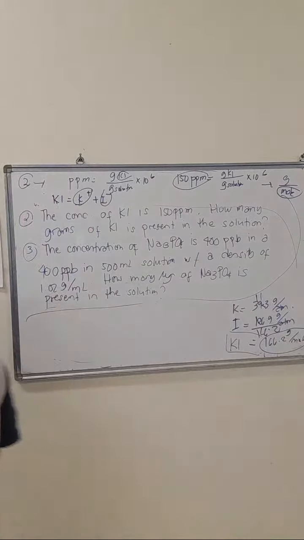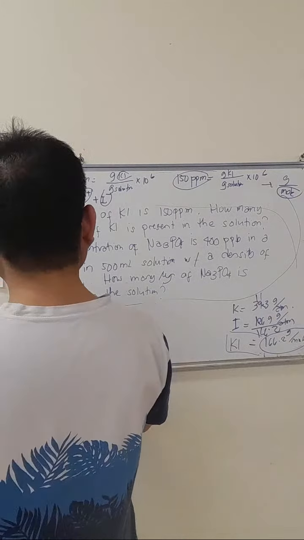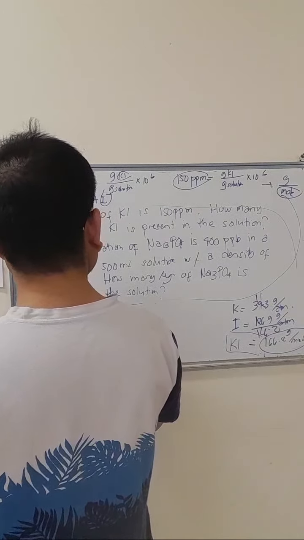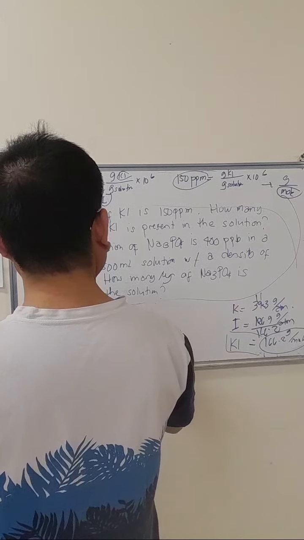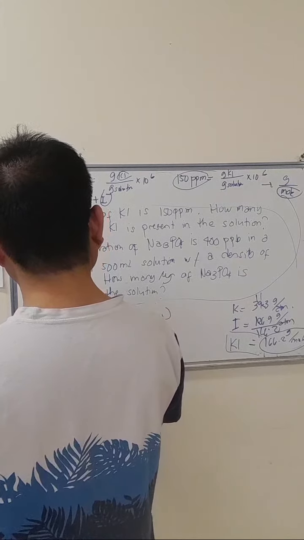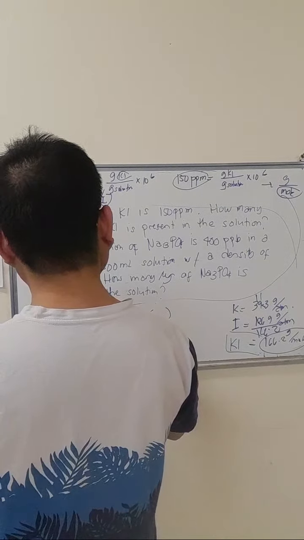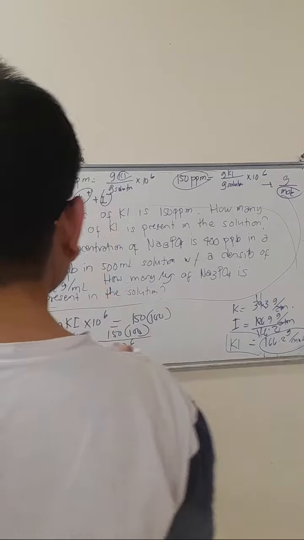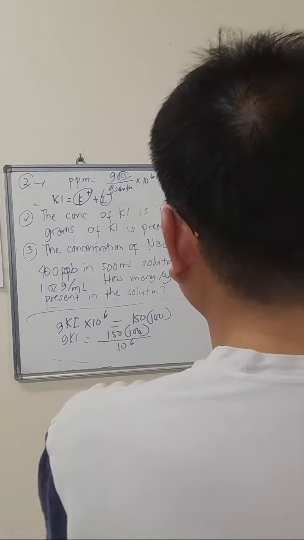So we have 150. Grams of potassium iodide times 10 to the 6 equals 150 times 100. Then grams of KI equals 150 times 100 divided by 10 to the 6, because there's no other given.